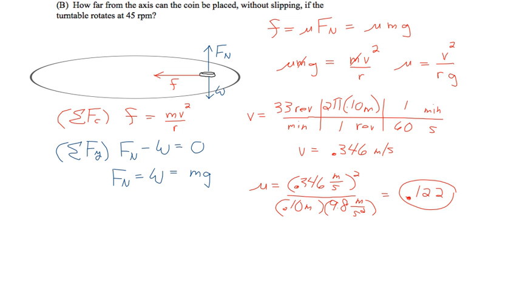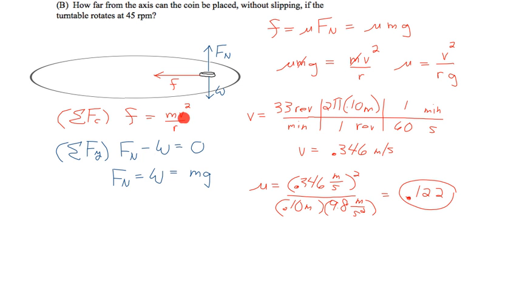So our equations are still going to be the same here, except I don't want to use mv squared over r. If r is the unknown, I have to use mr omega squared. And the reason for that is all of your unknowns, which is r in this problem, have to be exposed. And v equals r omega.